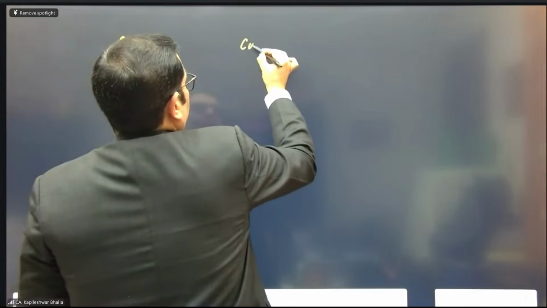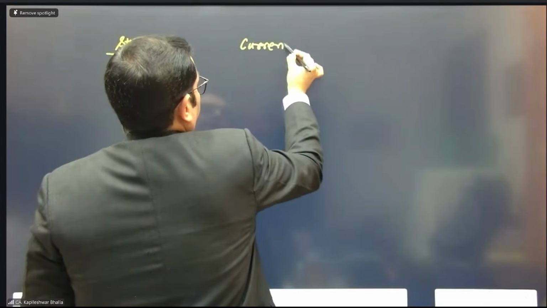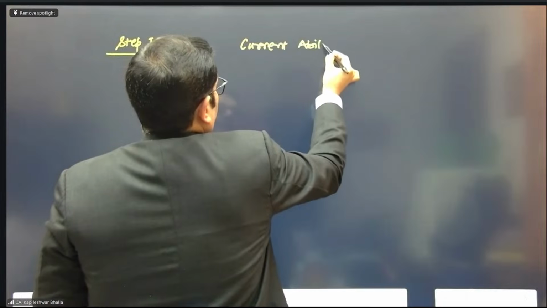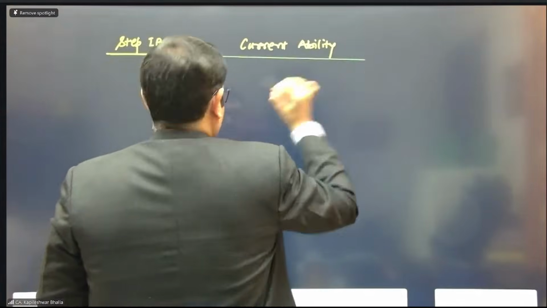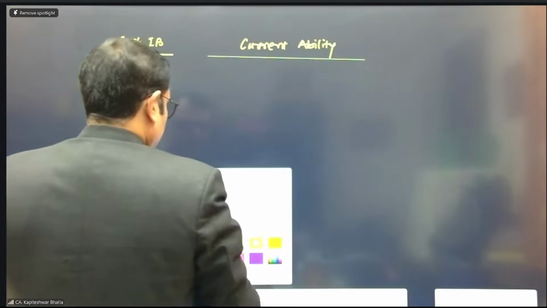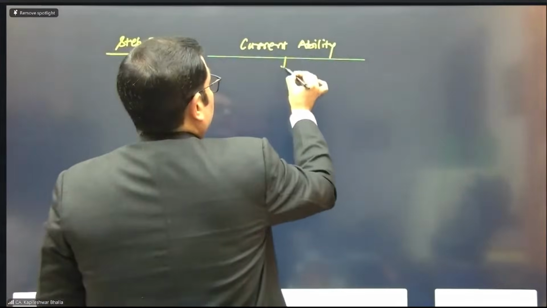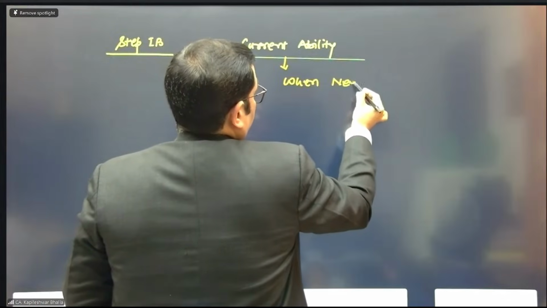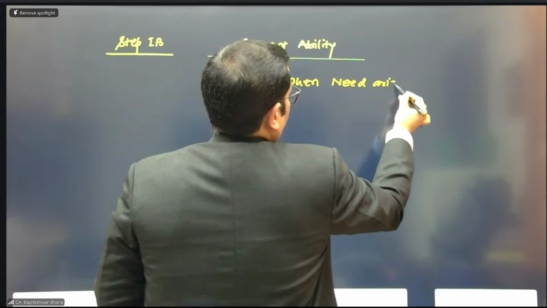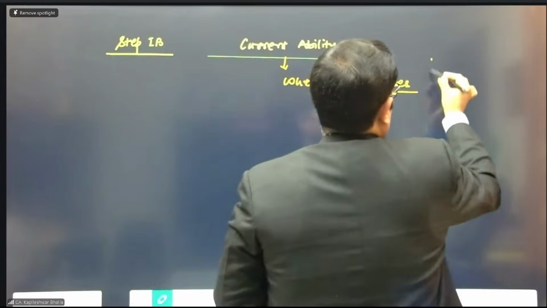In terms of step number 1B, we're now looking at current ability. I have already said current ability does not mean as of now. It is when the need arises.